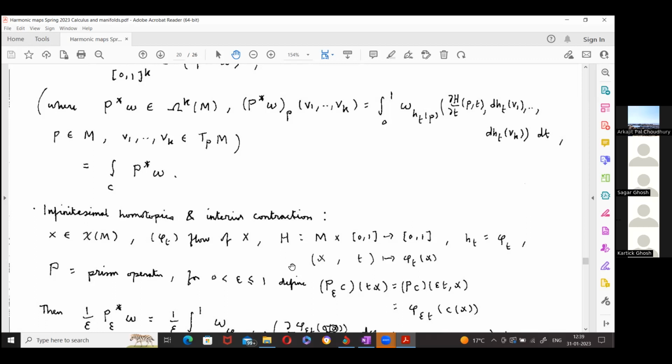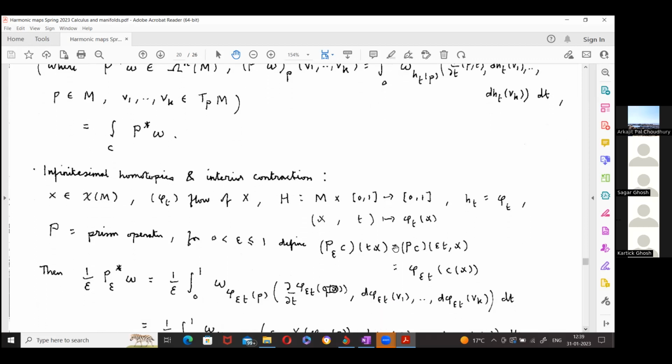And now we define a small homotopy, that will be H of (x, epsilon t). And we define the corresponding prism operator P epsilon C of (t, x). This will be PC of (epsilon t, x).